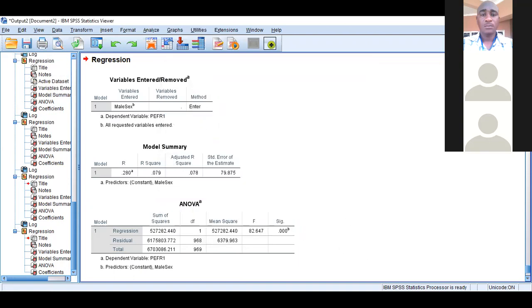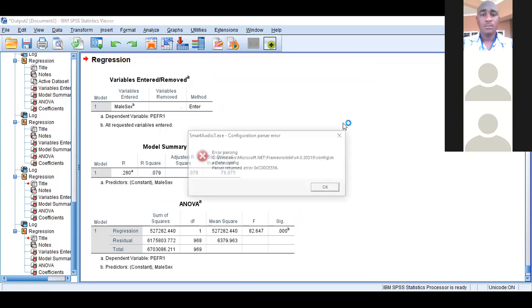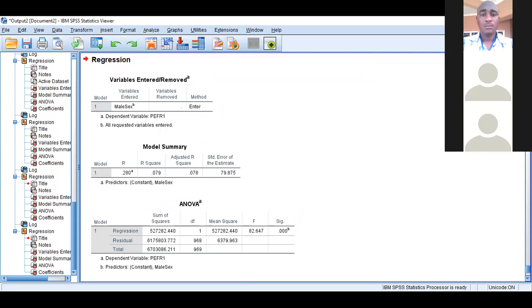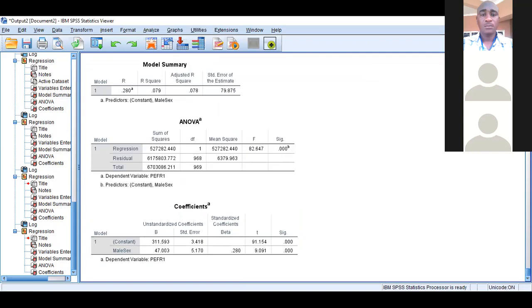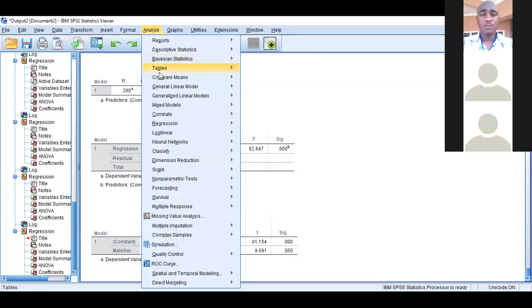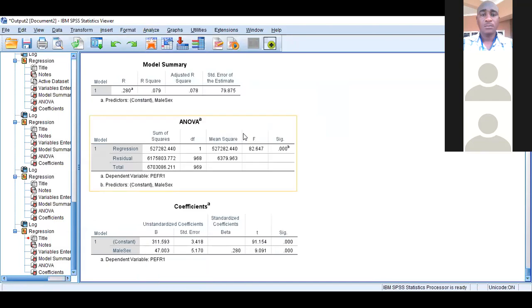Can you see the 7.9%? These are practical issues. Look at the coefficient, can you see it is positive? Let me repeat the same thing with female sex, which is coded in the opposite direction. You will see what will happen.